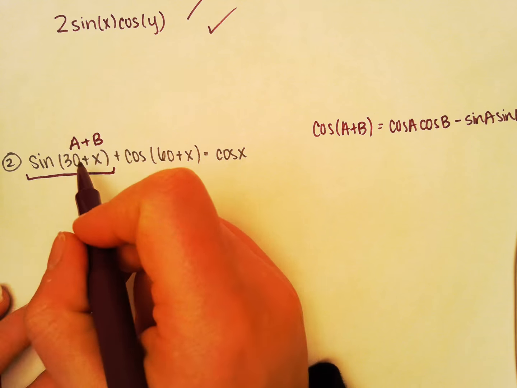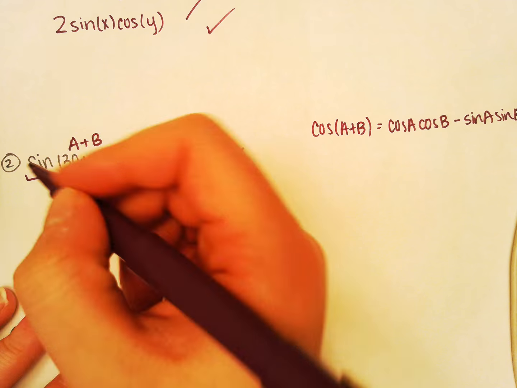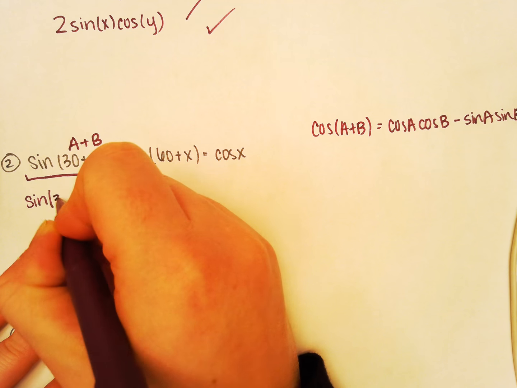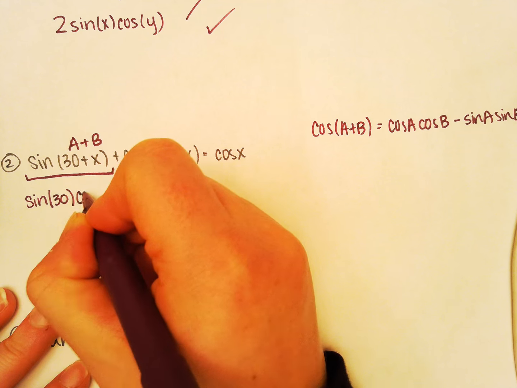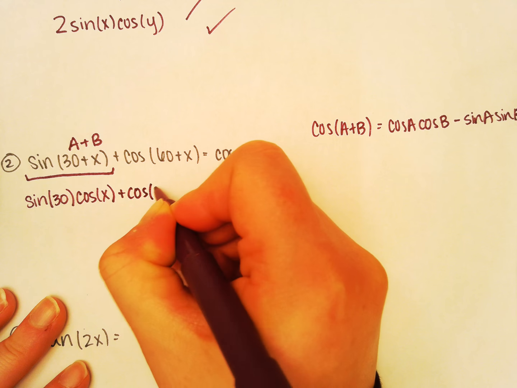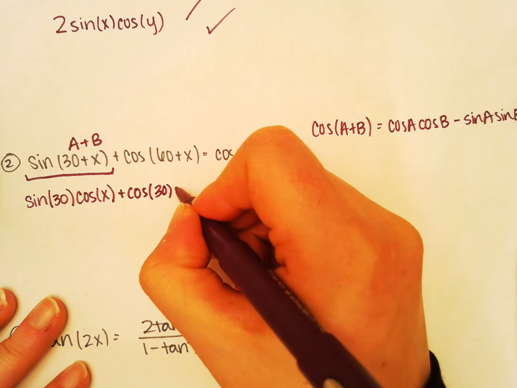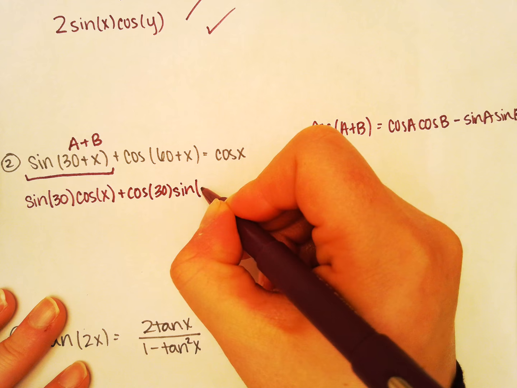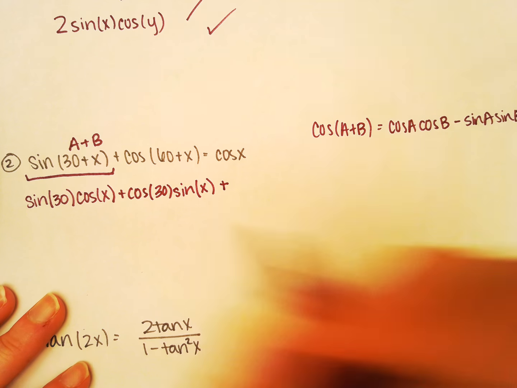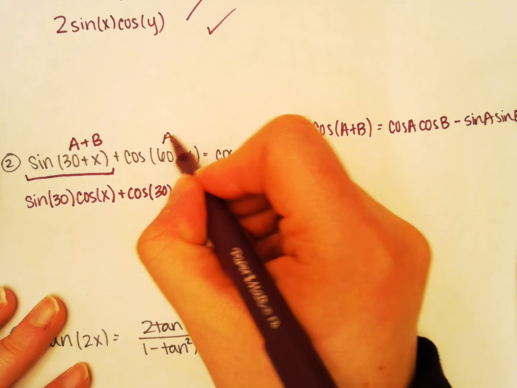So when we expand out our sum for sine, we have the sine of A, which is 30, times the cosine of B, which is x, plus the cosine of A, which is 30, times the sine of B, which is x. And then we'll do the same thing for cosine, the sum.